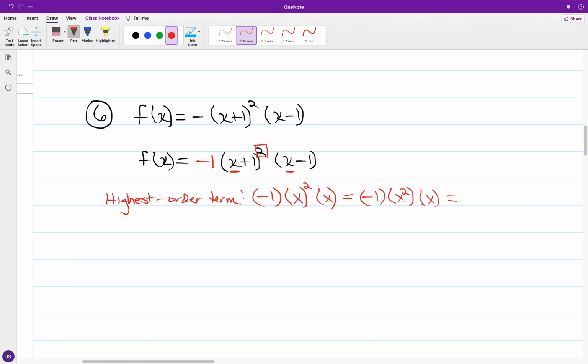Once we cluster together, a negative times a positive is a negative, and x squared times x becomes negative x cubed. So the highest order term is going to be negative x cubed.